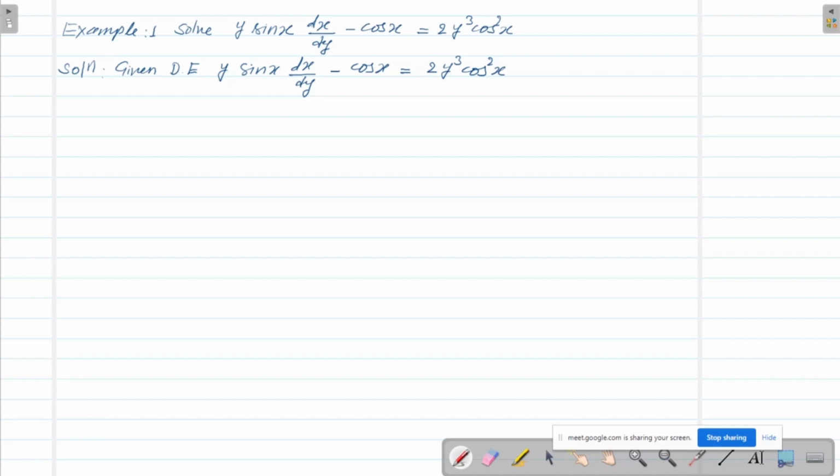For this we divide by cos²x. Also y is unnecessary, so we also divide by y. Combining both, we divide by y cos²x on both sides.